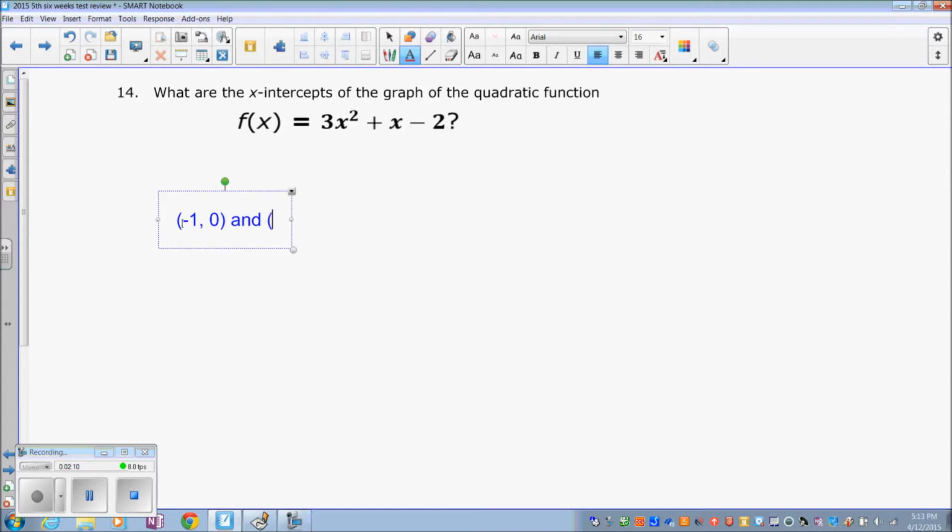And my second one was 0.667 and 0. Another way of putting that would be 2 over 3. So either this one or this one could be your zeros.